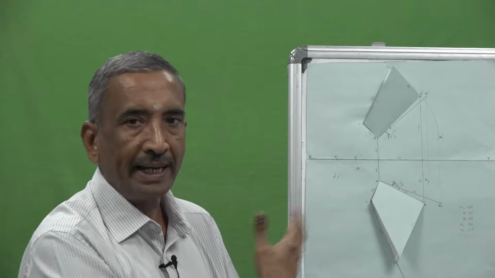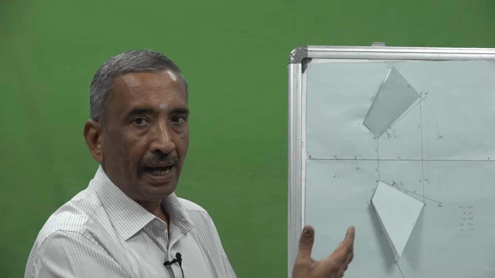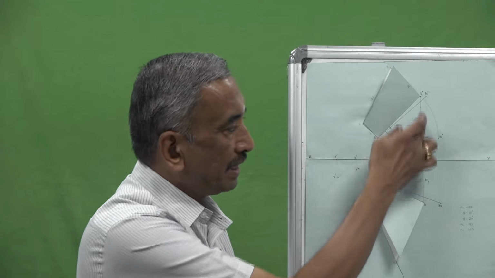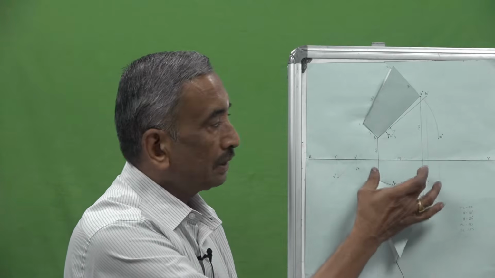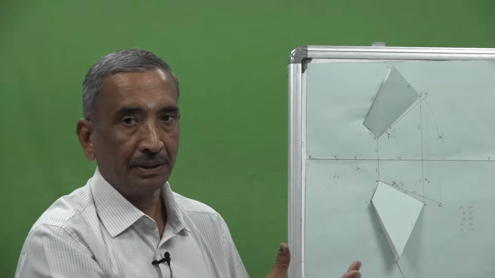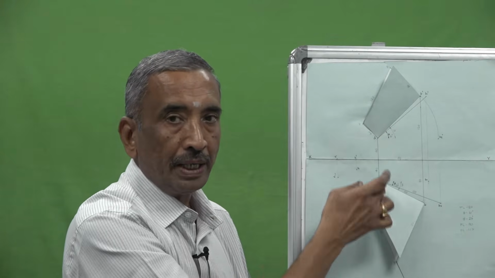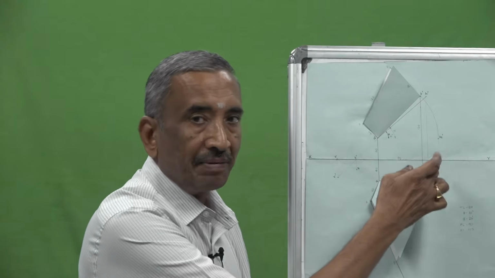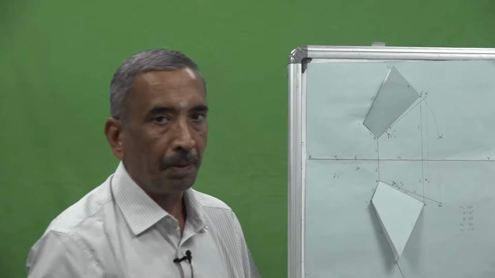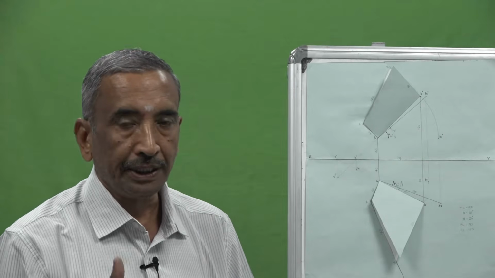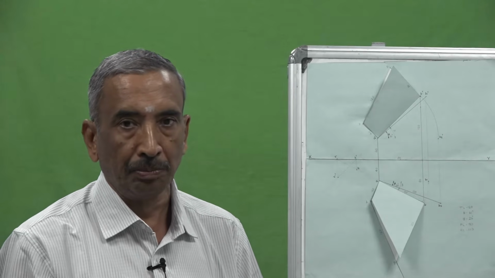You can draw this line anywhere and draw another vertical line at a distance of 80 mm from the first vertical line. So that means on the first vertical line we will be having the front view and top view of the point A. In the other vertical line we will be having the front view and top view of the point B. So this is one statement of the problem.